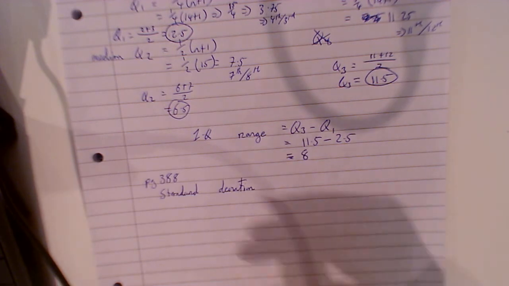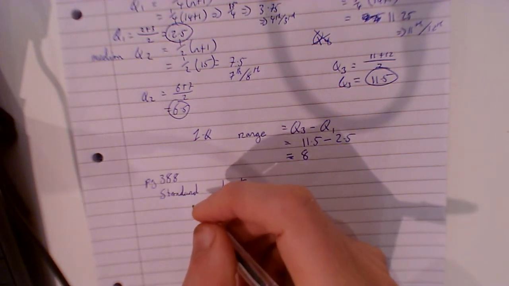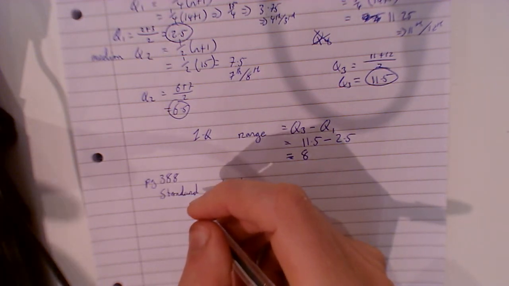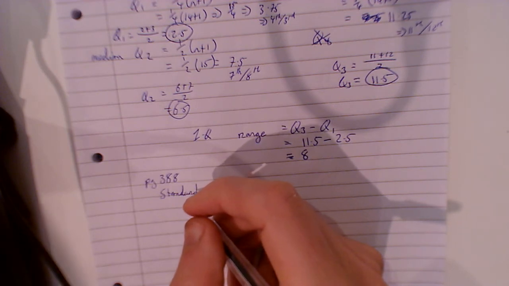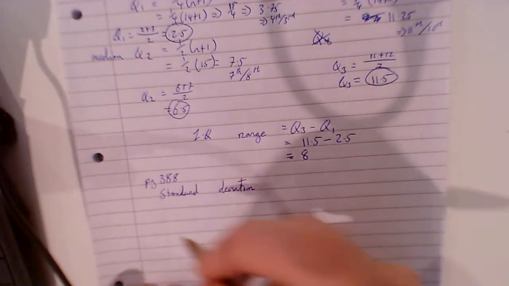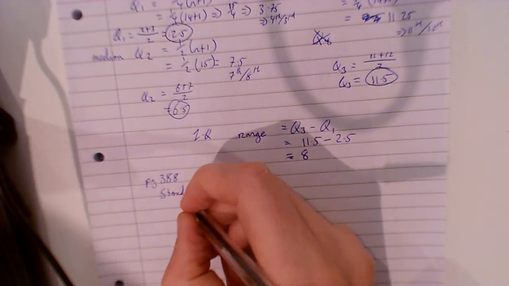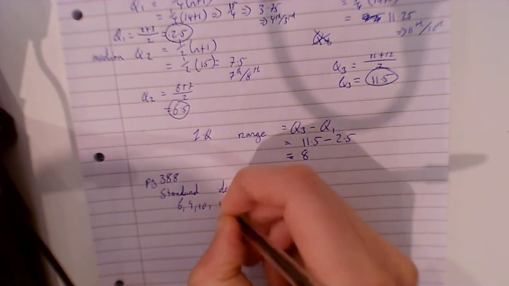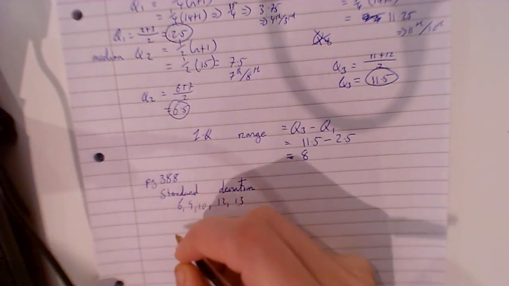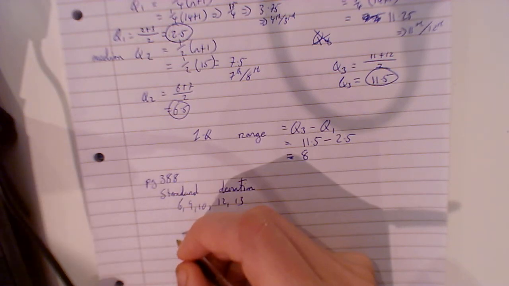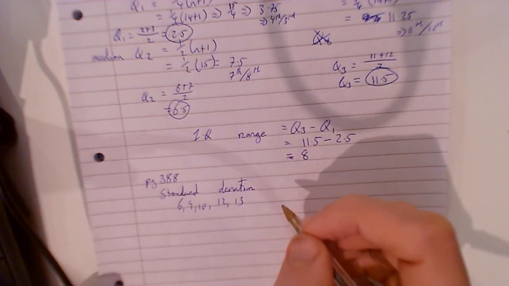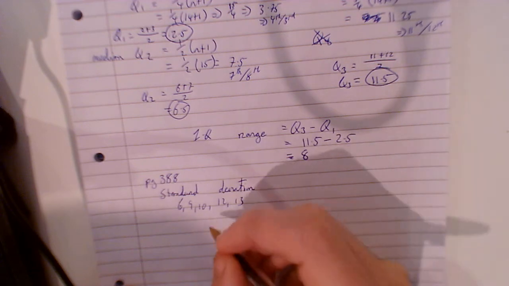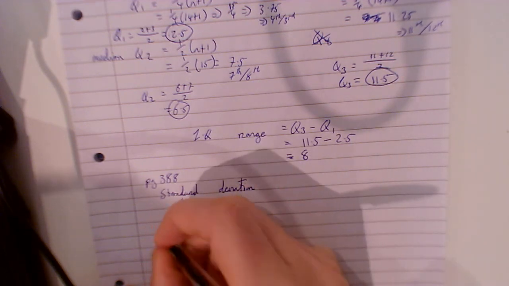Now, if you look at page 388, they give you the formula for this. And they actually make it pretty straightforward for you. So the example that they give, it's 6, 9, 10, 12 and 13. They want to get the standard deviation of that. Okay, in order to get the standard deviation, we need to know what the mean is.